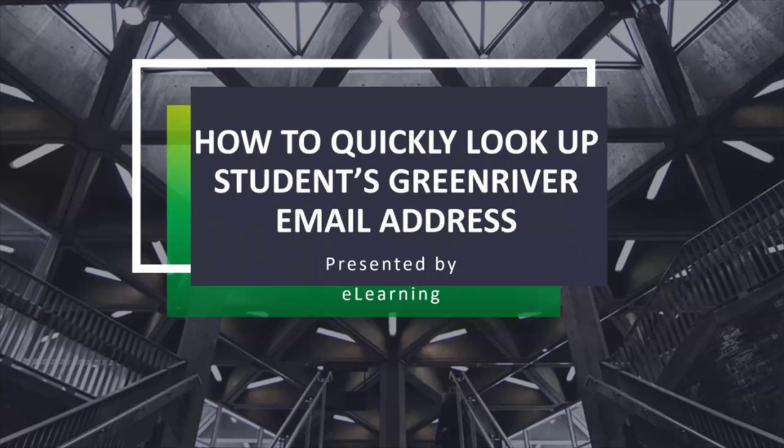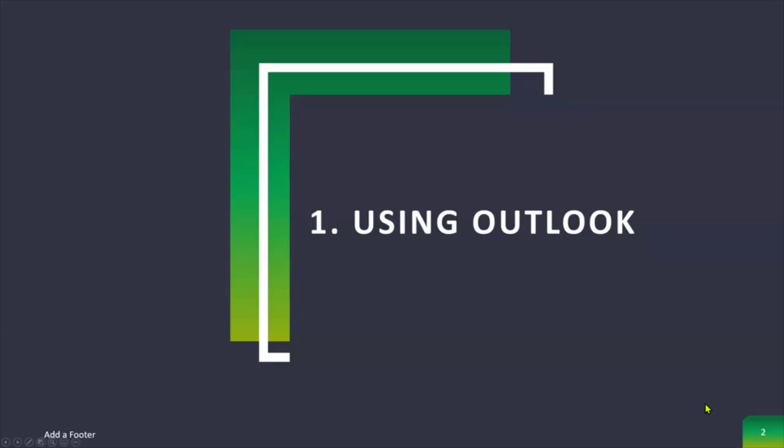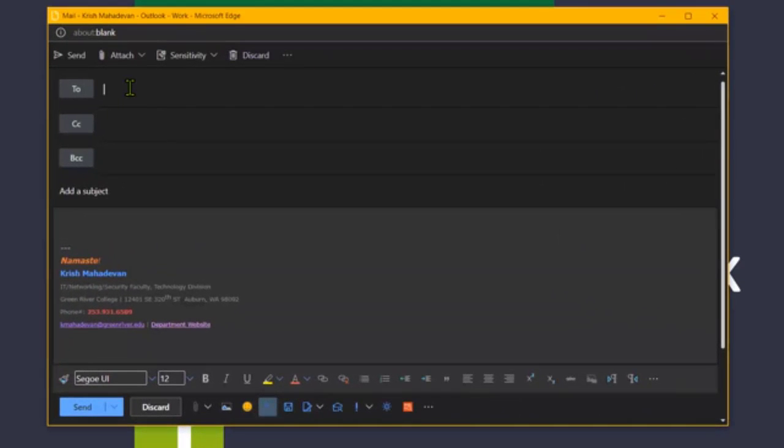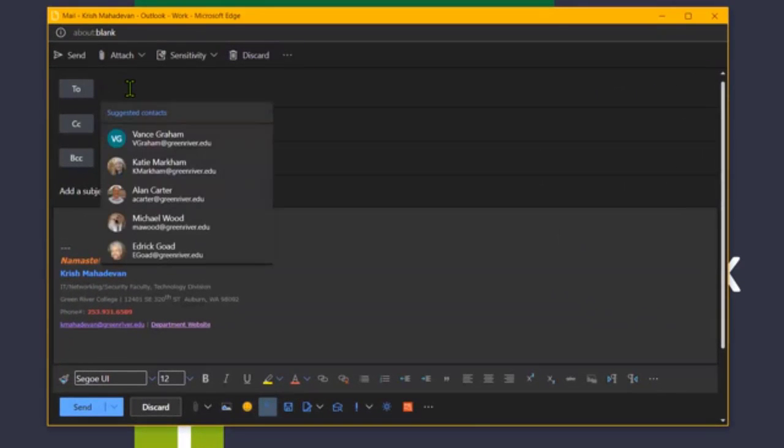Okay, first method would be using Outlook. This by far is beneficial if you want to look up one or two email addresses. You have a particular student in mind, so you open up Outlook and then you type the student's full name on the toolbar.